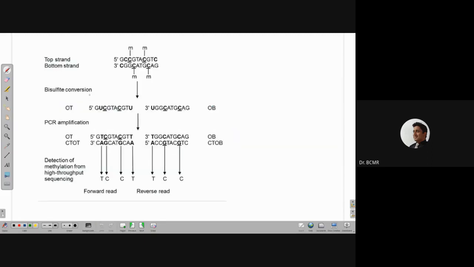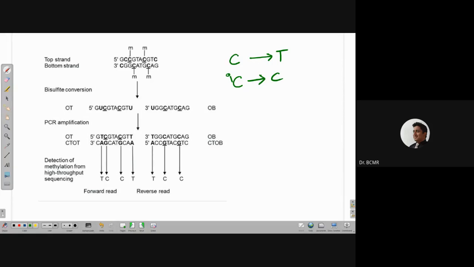So after bisulfite conversion, what would happen is all cytosines will become thymines, and all methylated cytosines will remain as cytosines.